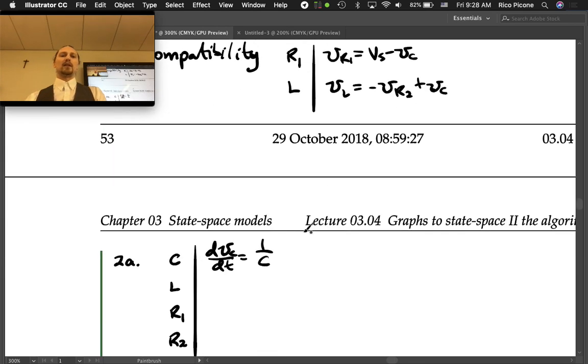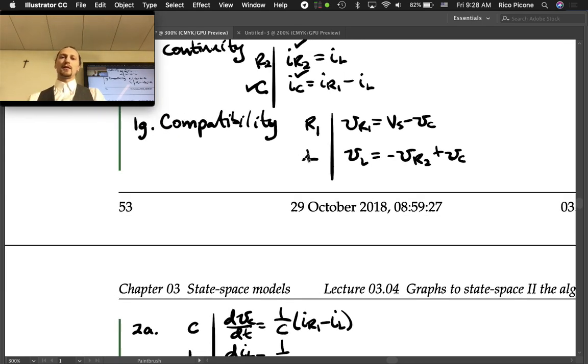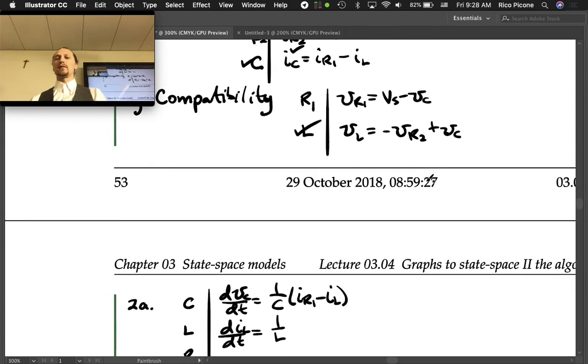So IR1 minus IL. Similarly, we have dIL/dt equals 1 over L times VL, right? But we're going to have a compatibility equation for VL right here. It says that VL is just equal to, I'm going to flip these, VC minus VR2. VC minus VR2.